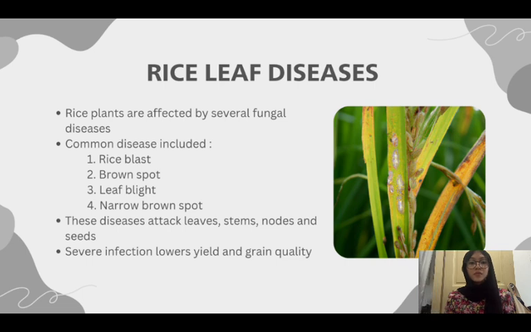These fungal pathogens aggressively attack vital parts of the plant, including the leaves, stems, nodes, and seeds. When severe infections take root, they drastically reduce photosynthetic capability, leading to significantly lowered grain yield and compromised crop quality, which directly impact farmers' livelihoods.